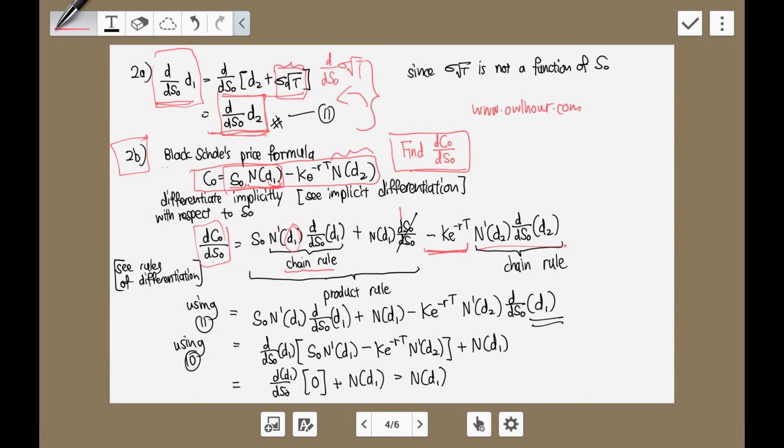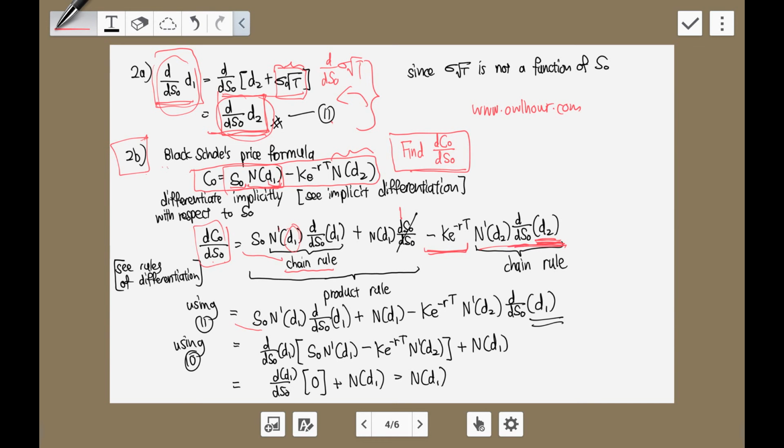Then using equation 11, we know that differentiating d1 with respect to S0 is the same as differentiating d2 with respect to S0. So I change this d/dS0 of d2 to d/dS0 of d1, and I keep everything else from this equation to this equation over here.